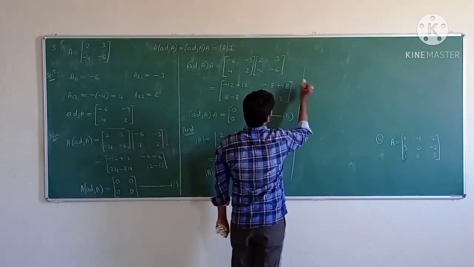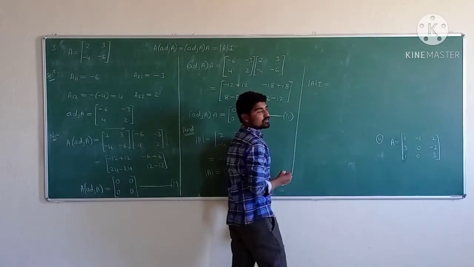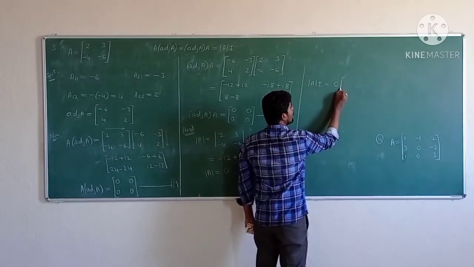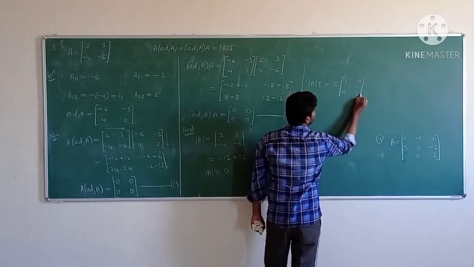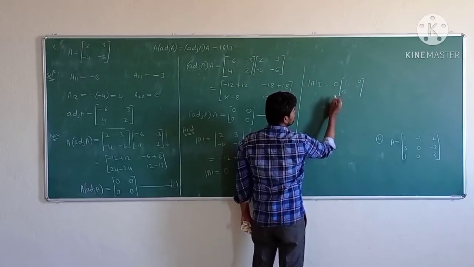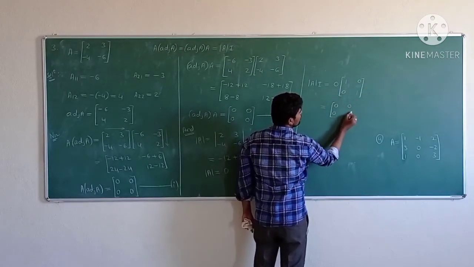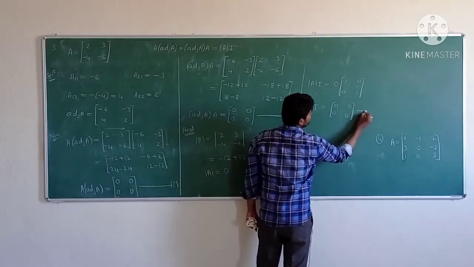And now determinant of A into I matrix, where the value of determinant of A is 0, into the unit matrix [1 0; 0 1], which is equal to [0 0; 0 0], and call it equation number 3.